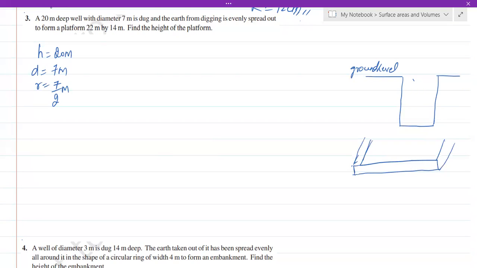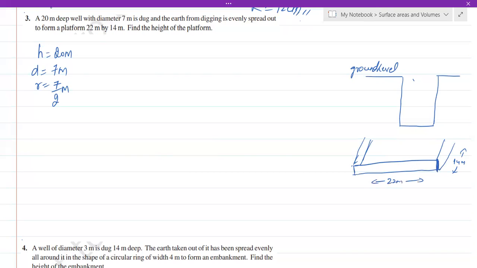The length of the platform is given, the breadth of the platform is given. The length is 22 meters, and the breadth is 14 meters. What we have to find is the height of the platform.